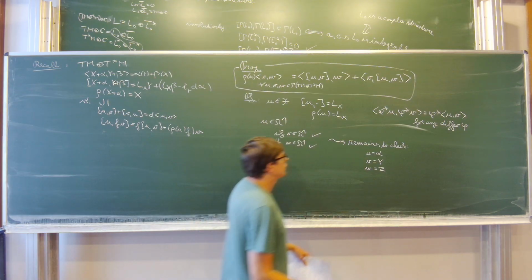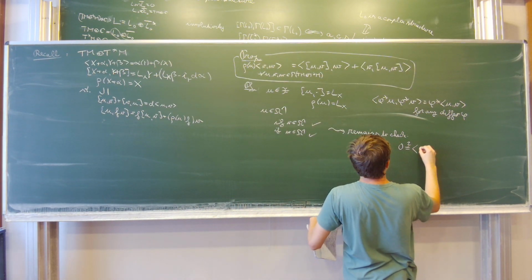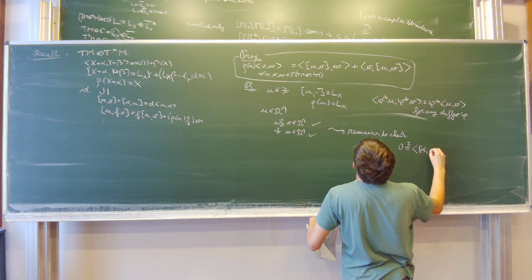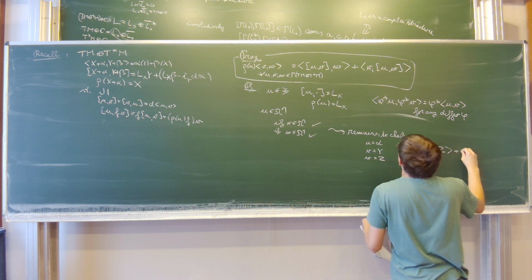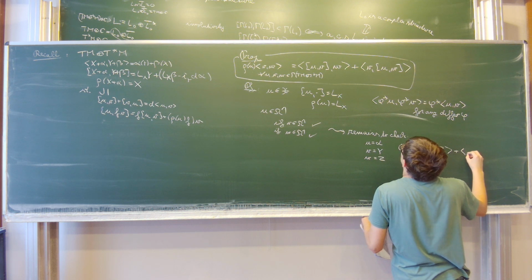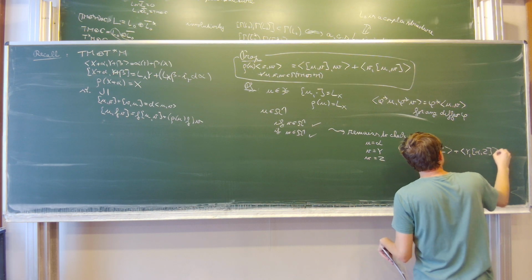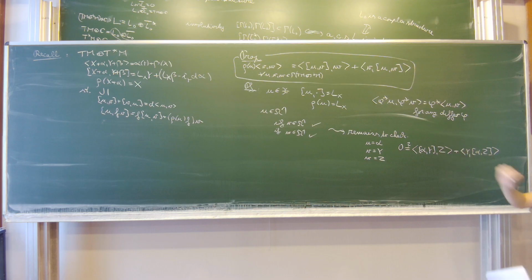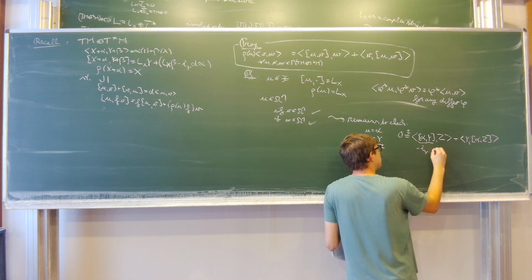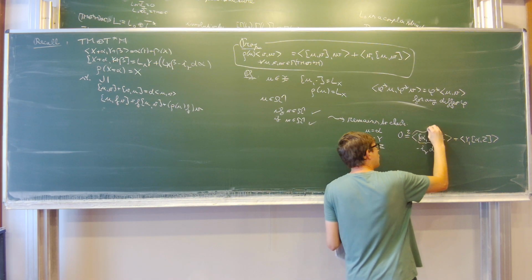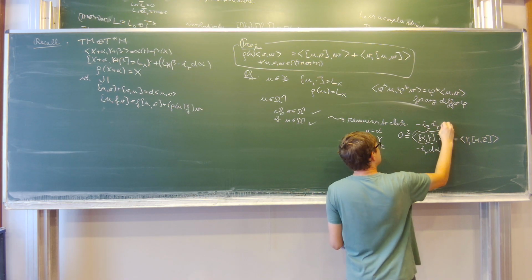In that case, that equality reduces to 0 equals the pairing of alpha, bracket of y and z, plus the pairing of bracket of y alpha, z. We need to check whether it's 0, and that should follow easily because this bracket was just minus i_y d alpha, which means that the whole thing here is minus i_z i_y d alpha.